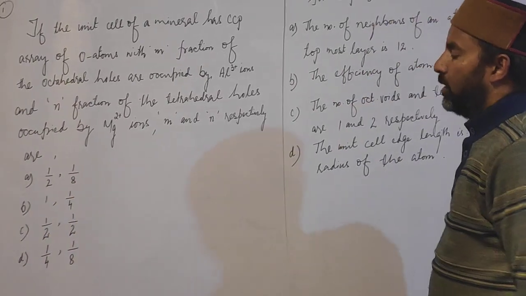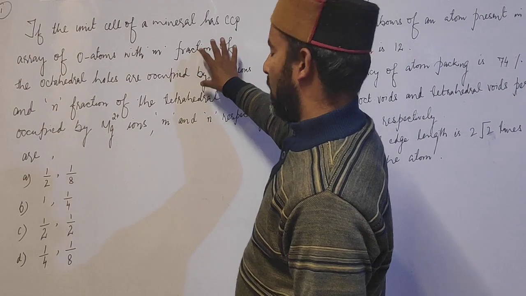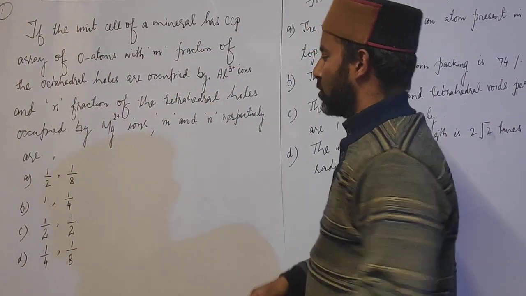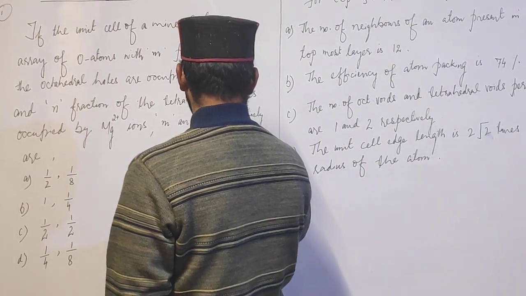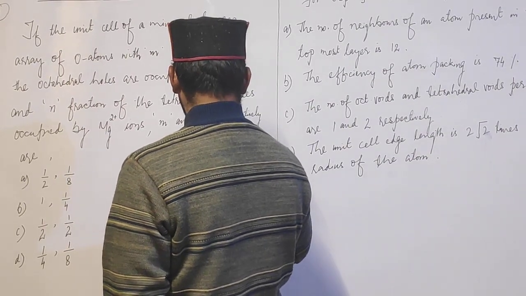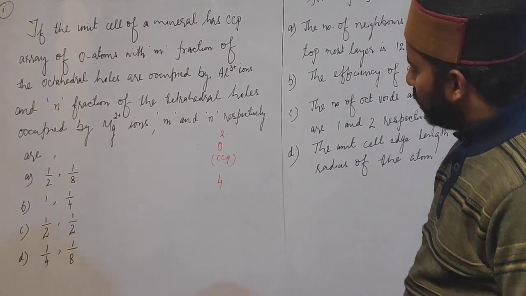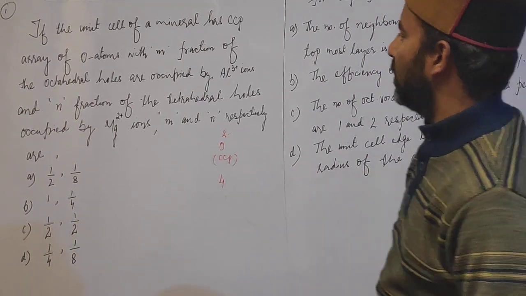So students, in this question you have a mineral which is an oxide adopting CCP lattice. So students, oxide ions adopting CCP lattice, which means we have how many? 4 oxides per unit cell.